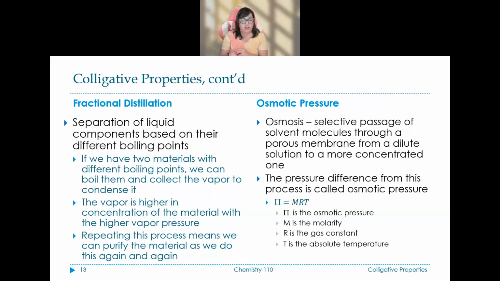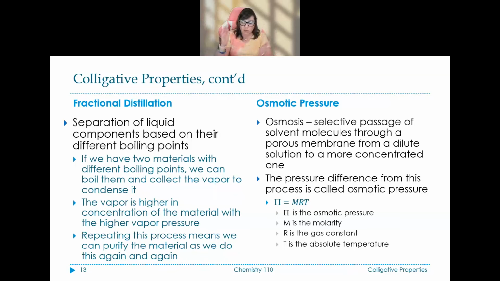One other thing we talk about is osmotic pressure. Osmosis is the selective passage of solvent molecules through a porous membrane from a dilute solution to a more concentrated one. If my membrane is here in the middle and I have two solutions, one here and one here, the more concentrated one is going to get more solvent going towards it.